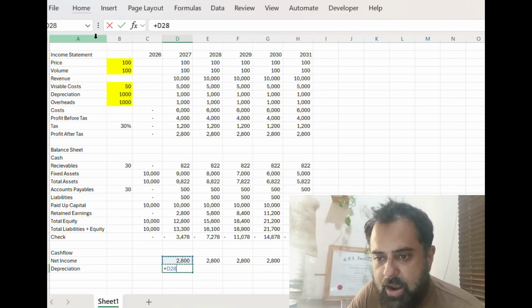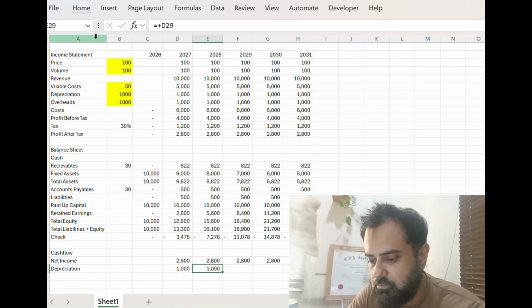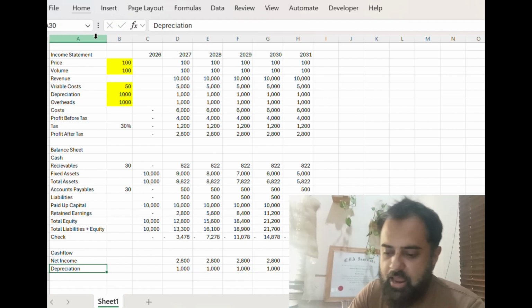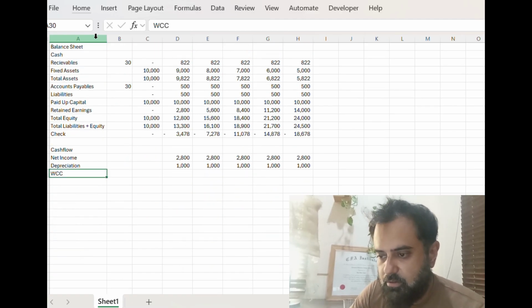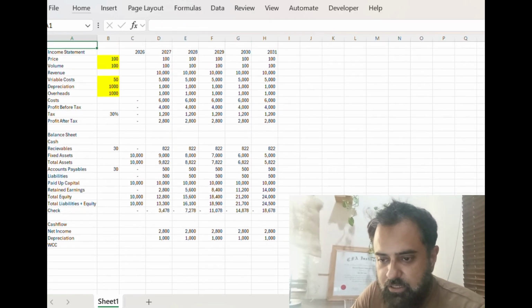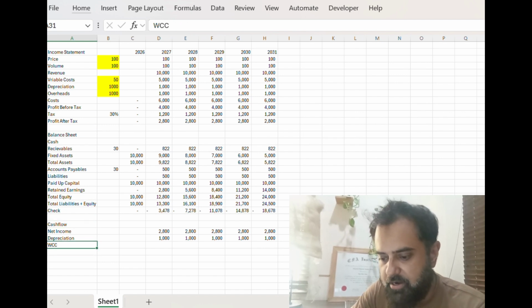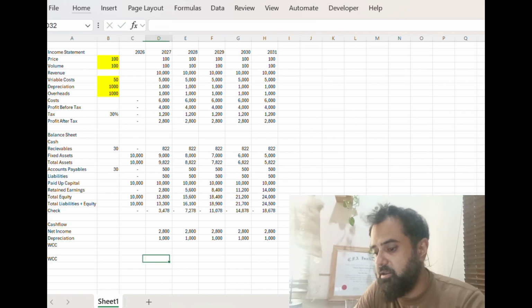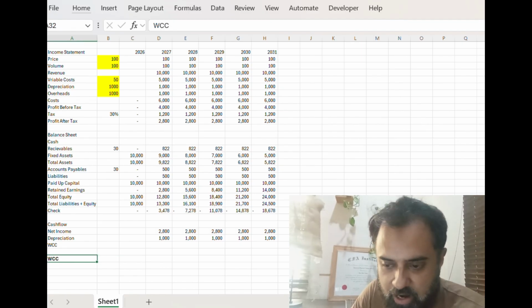So coming back to the cash flows, we put depreciation back here. And then working capital changes. Now I'll have to take this liberty of creating a working capital statement, even though I said I would keep things simple, but it's important that we have it, right?